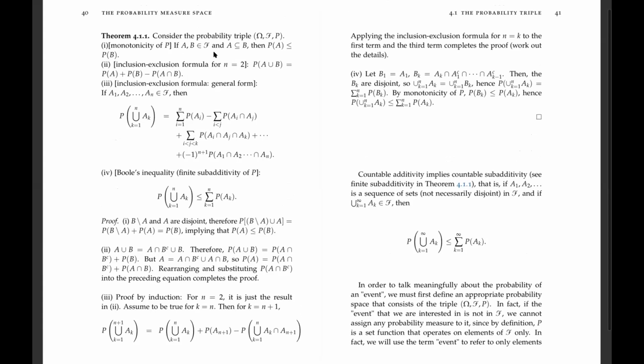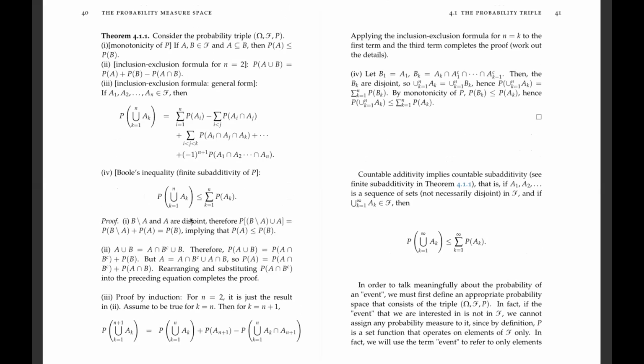So the first one, although it's intuitive, let's look at how to argue this. Yeah. So your first thing is your B without A, right? And A are disjoint, right? So B set minus A means the part of B that is without A. Okay? And definitely that part and A are disjoint, right?